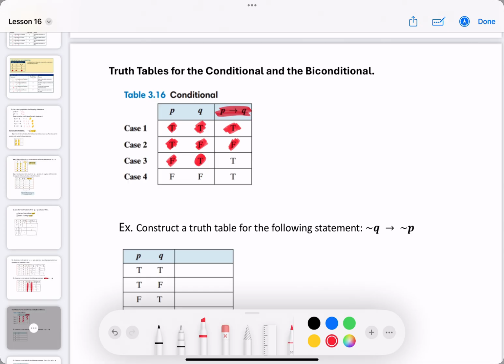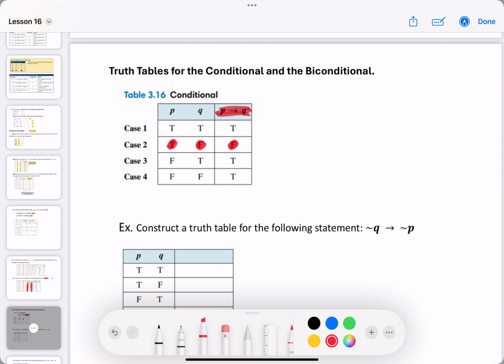If P is false, Q is true, then we have the conditional statement if P, then Q is true. P is false, Q is false. If P, then Q is true. So we can do a conclusion. We only have one false statement, when P is true and Q is false.